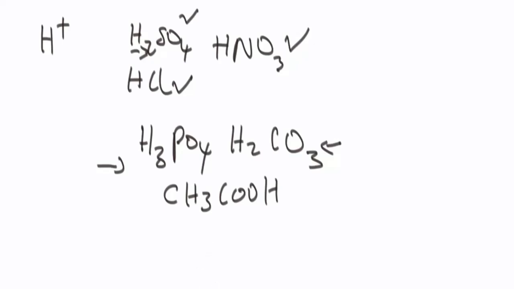Alright, let's look at alkalis or base. Okay, now a base, according to Arrhenius, which is the general definition of a base, he defined a base as a substance that can dissolve in water to produce a hydroxyl ion as the only negative ion.